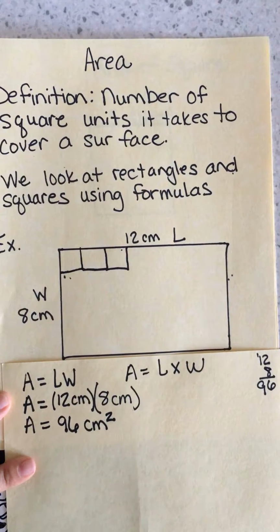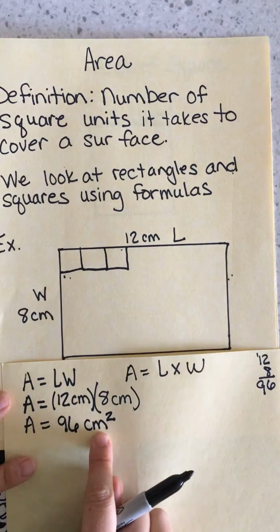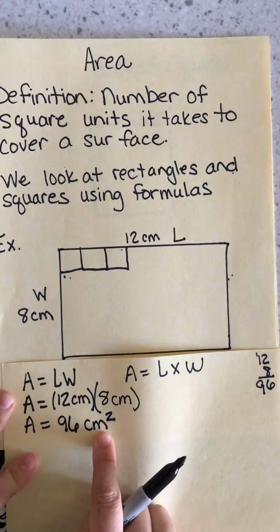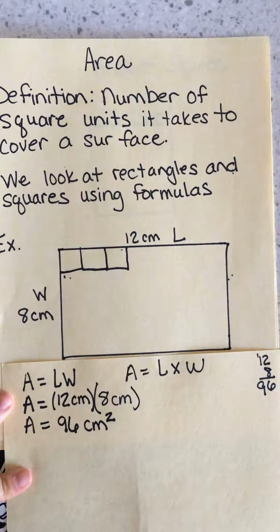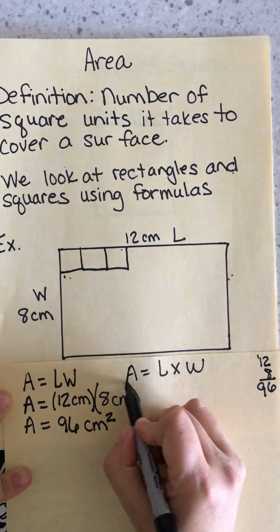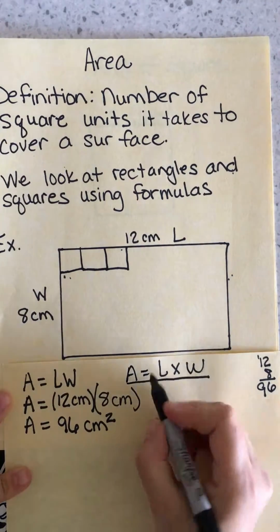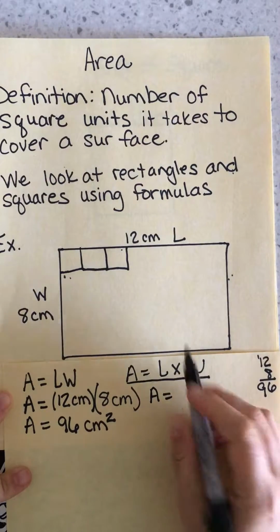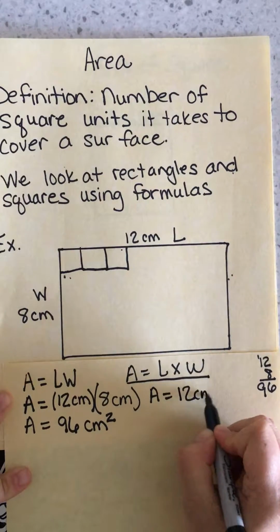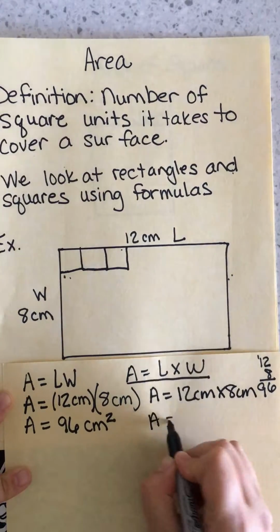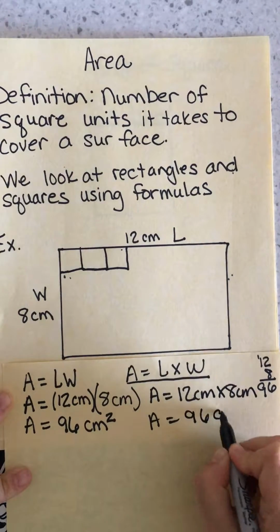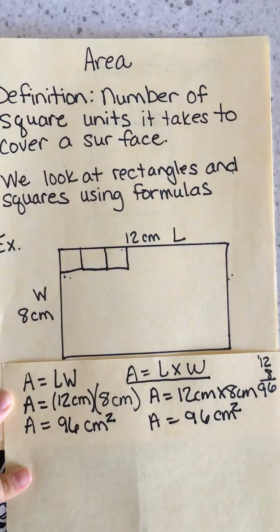Here we're actually using squares to cover space, and we need to note that that's what we're using so that people will understand. And it's done with the little bitty 2. On your math chart it will say A is equal to length times width, and you guys know it's the same. You could put in 12 centimeters times 8 centimeters, which equals 96 centimeters squared.